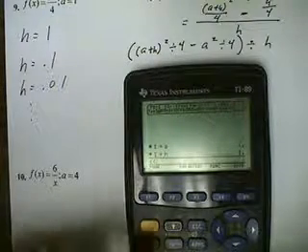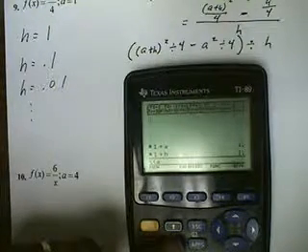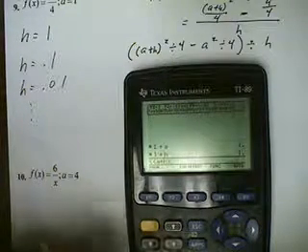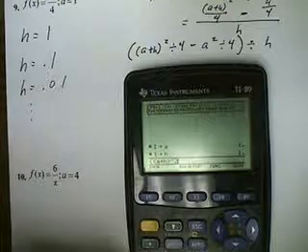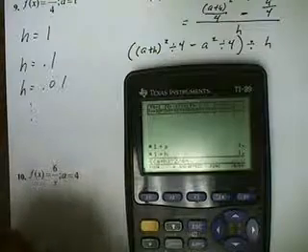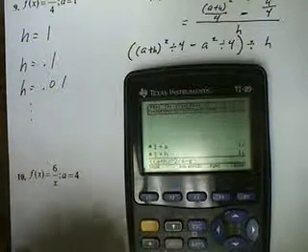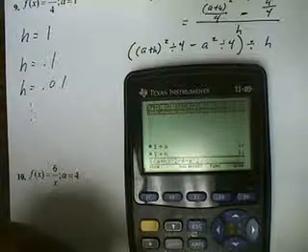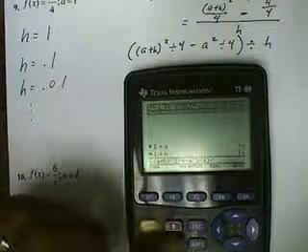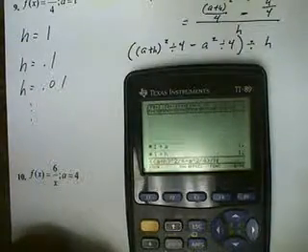Open parenthesis, alpha a plus alpha h, close parenthesis, second power, division, 4, subtract alpha a to the power 2, division, 4, close parenthesis, division, alpha h. We press enter, and we get 0.75. So here our arc is 0.75.